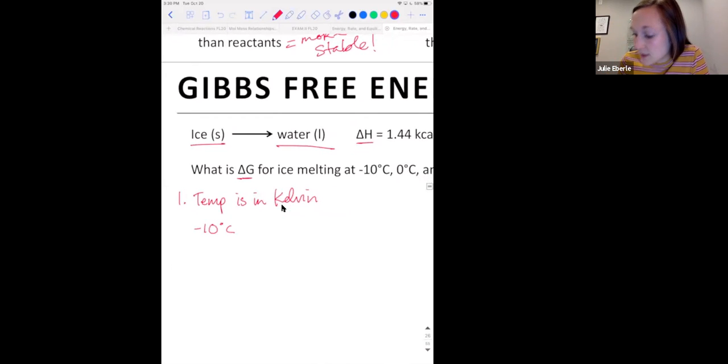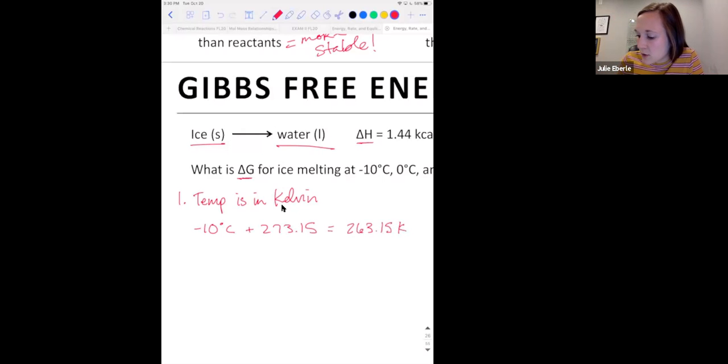All right, let's do that really quick. Negative 10 degrees Celsius. Does anybody remember how we convert to Kelvin? It's real simple addition. It's not the 9/5. Yes, Brendan, but you guys are forgetting your decimals. It's 273.15. There we go. So add 273.15. What do we get? We get 263.15 Kelvin.